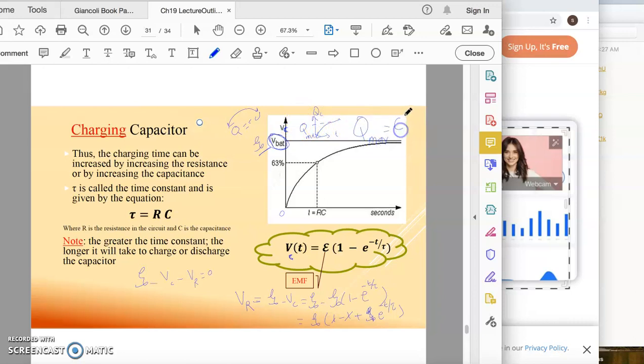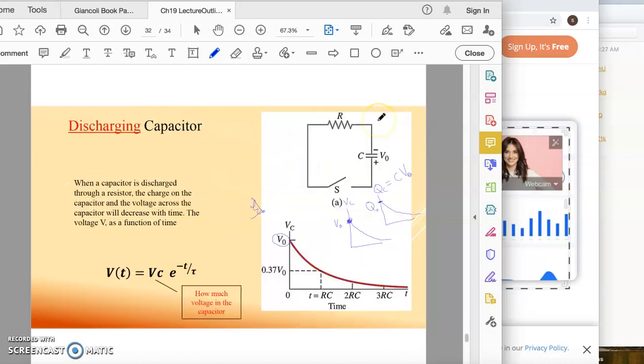It will be C V maximum, which is C times the electromotive force. While in the discharging, we start from the voltage across the capacitor. So what is the charge across the capacitor at that moment? It is C V, which is C V naught.